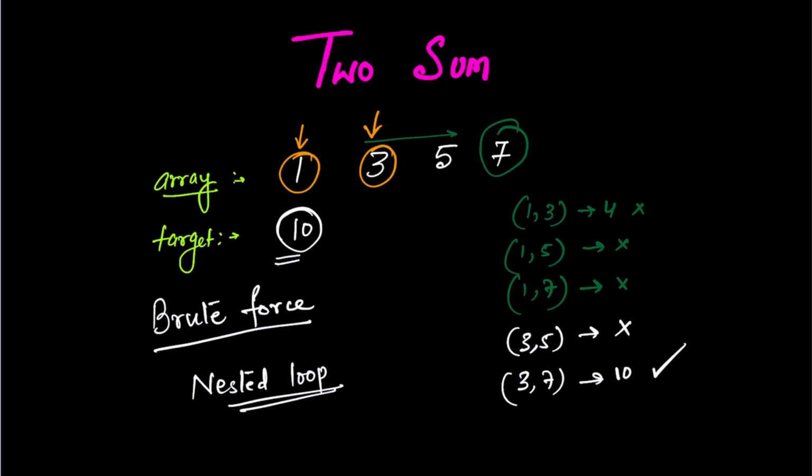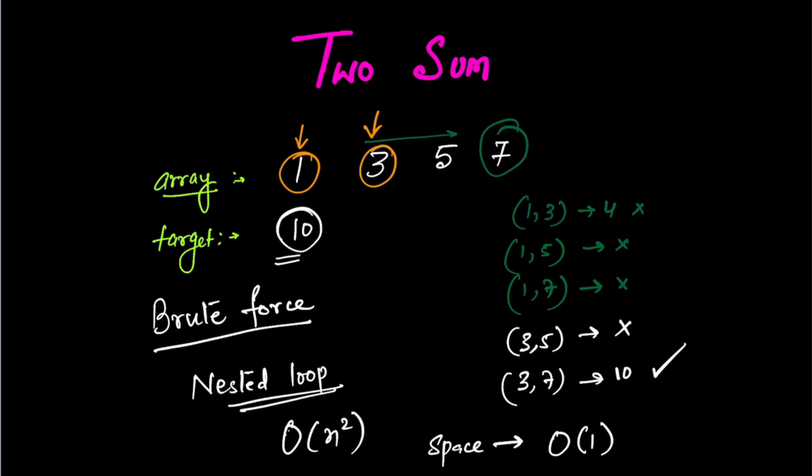And in the worst case, we might have to reach till the end of the array to find the solution. So the time complexity for this approach is order of n square, where n is the length of the array. But we are not using any extra space here, so the space complexity will be order of 1.